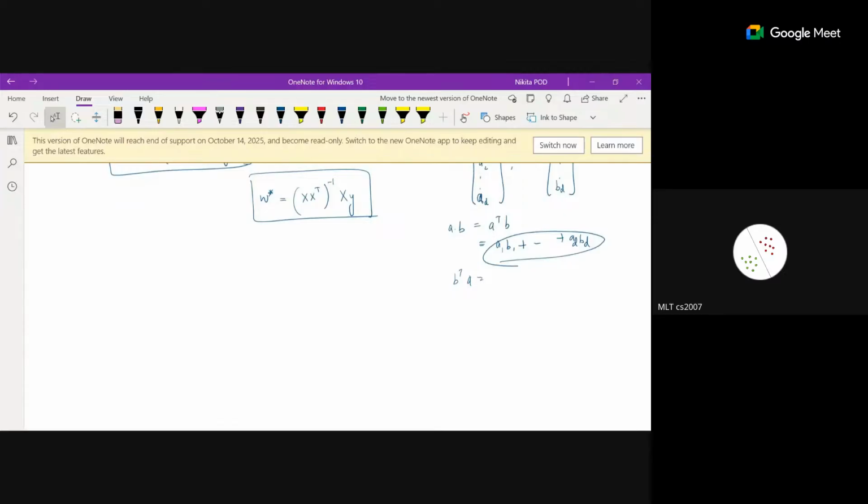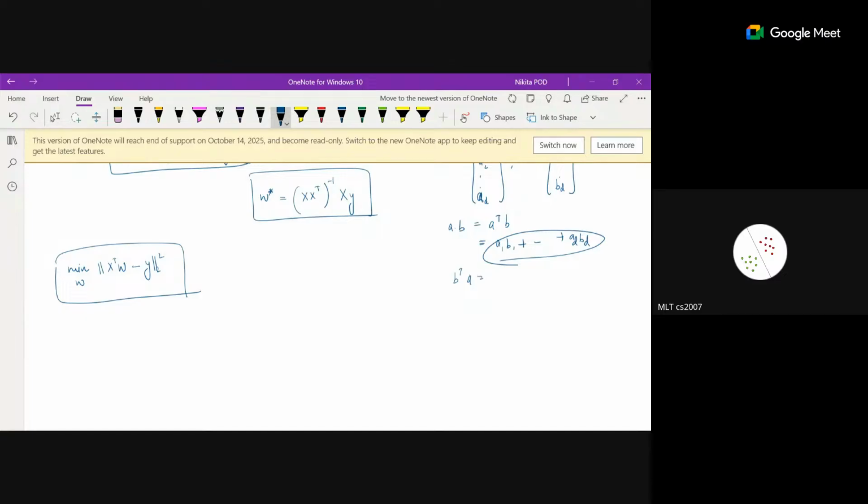Now, W star is the solution for the problem where we wanted to solve the minimum over W of the norm of X transpose W minus Y. The solution we get is this W star.